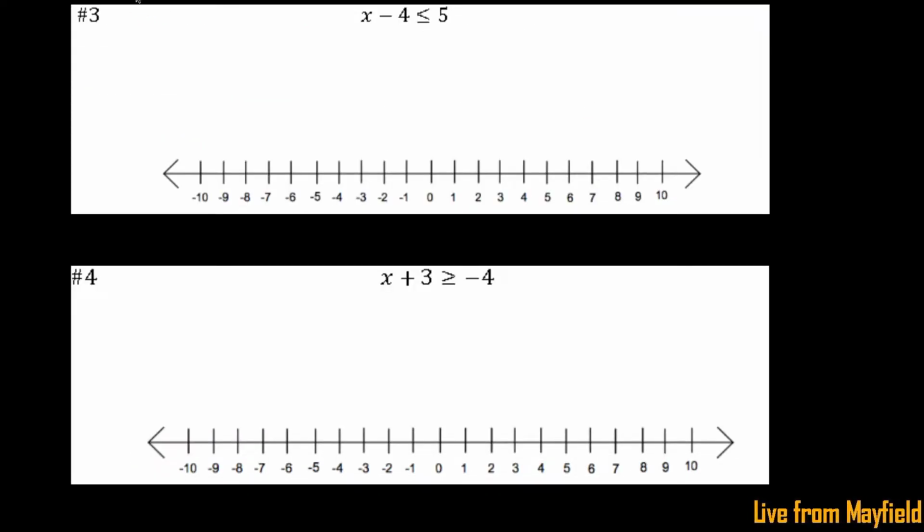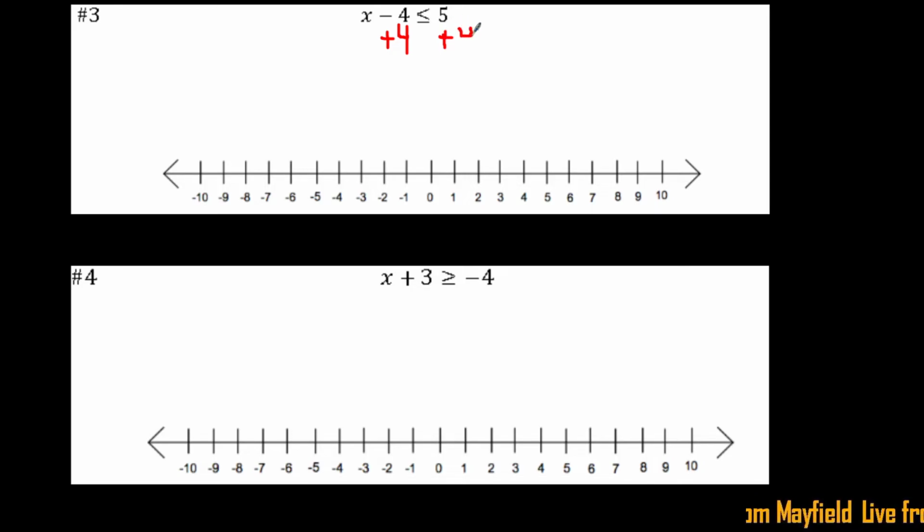Alright, last two. It says x minus 4 is less than or equal to positive 5. Use those inverse operations, so I'm going to add 4 to both sides. Again, you're just trying to get rid of the terms that are on the same side as the variable. Whatever you do to one side, you've got to do to the other.